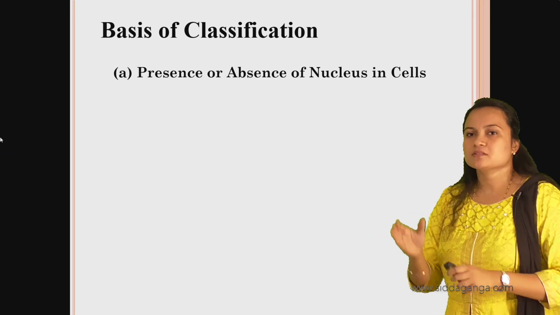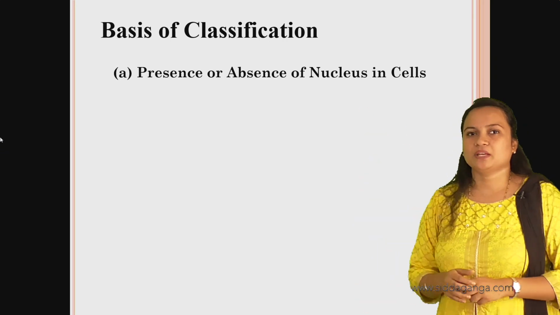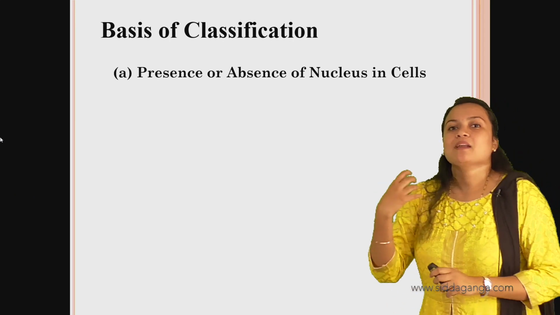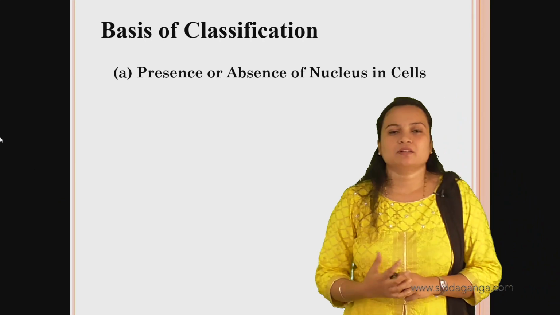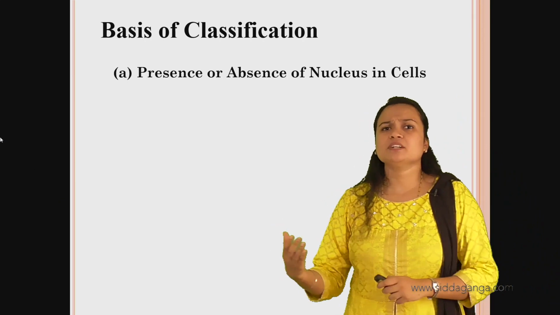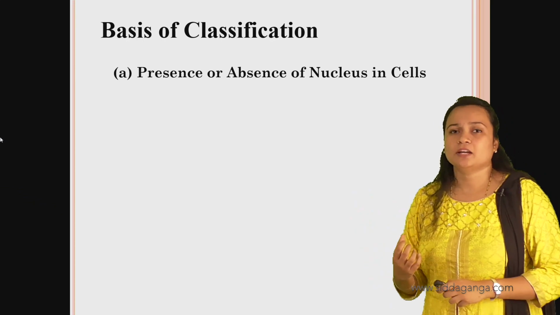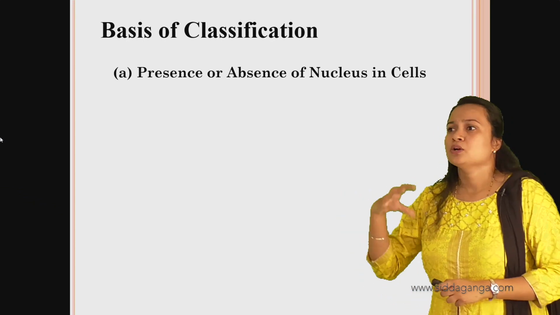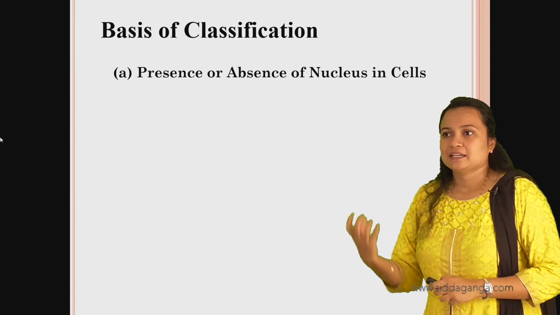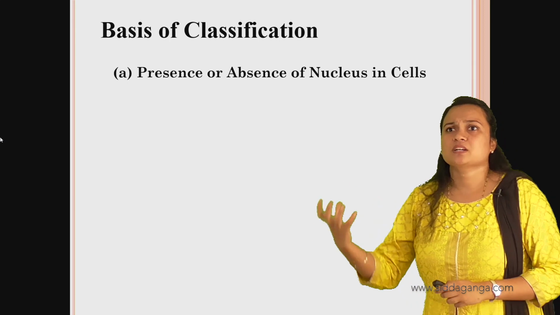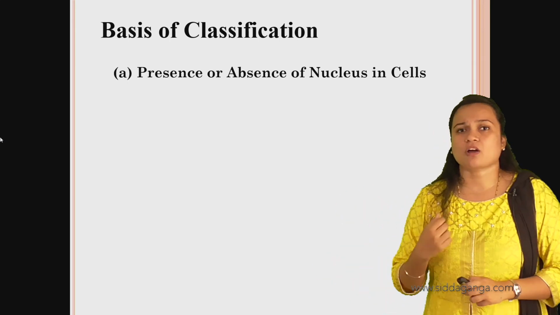Here, not only the appearance, not only the behavior, the organisms can be classified based on the cellular level. Nowadays technology has facilitated the study of the cells, the study of the structures.